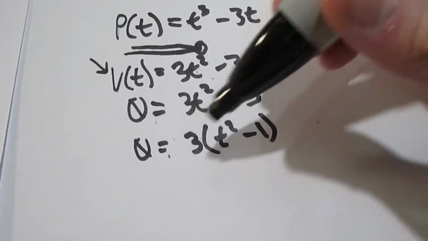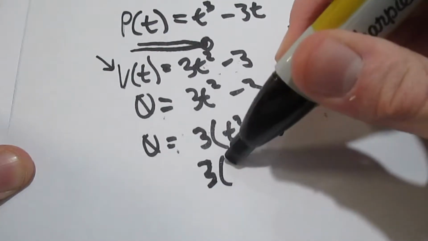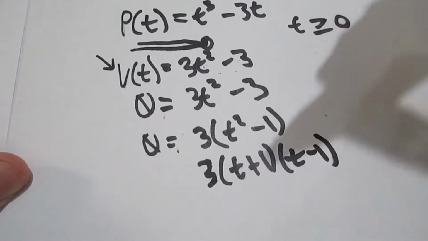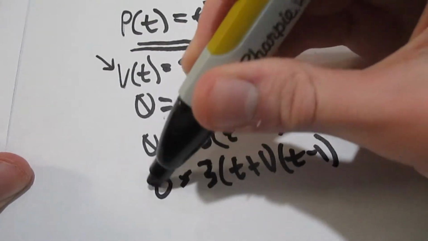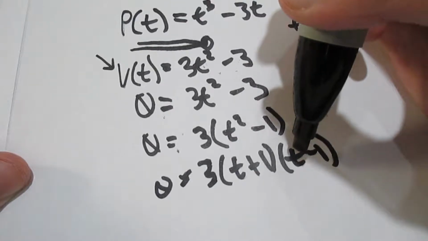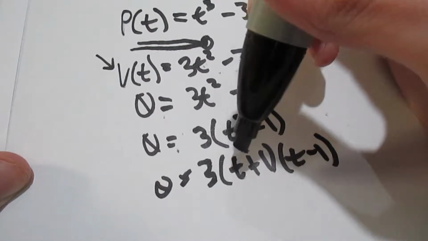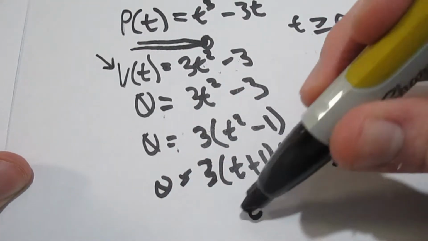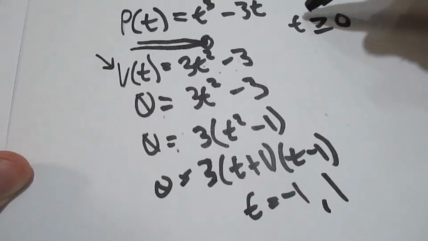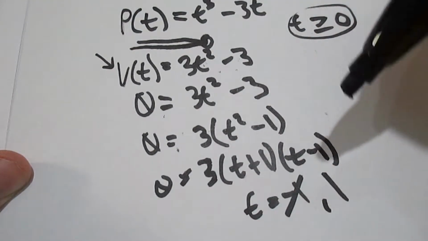That's not quite enough, so you can go 3 times t plus 1 times t minus 1, using factoring, equals 0. Now you've got your two values, t minus 1 and t plus 1. If you want to make this 0, you get t equals negative 1 and 1. But like I said, t has to be greater than or equal to 0, so that automatically knocks out negative 1, so just 1.